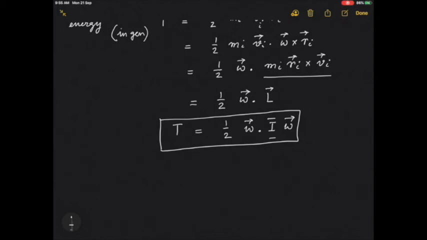So this is a relation which looks almost like half mv², where m is replaced by I and v is replaced by ω, but it's a little complicated because it's a dot product and then a tensor product. But in terms of principal axis, this becomes simpler.